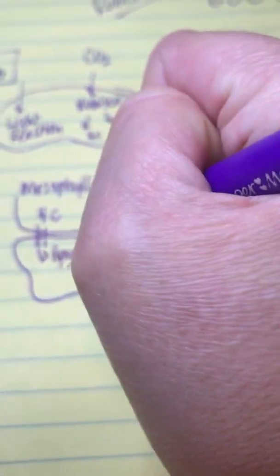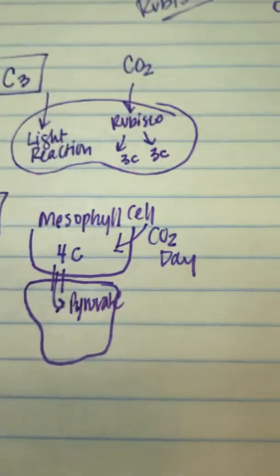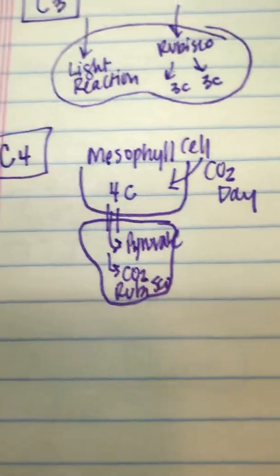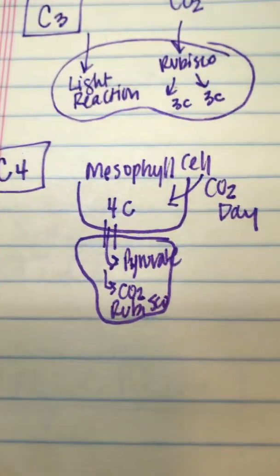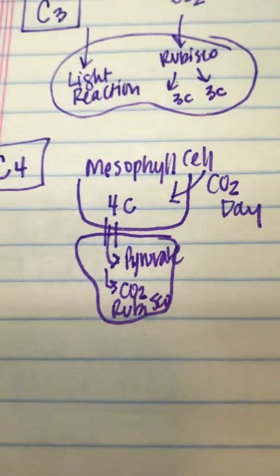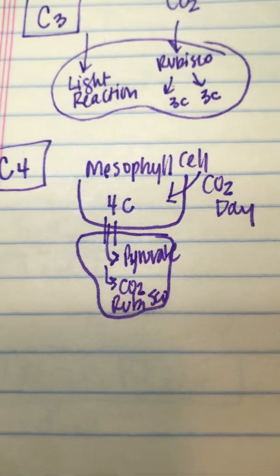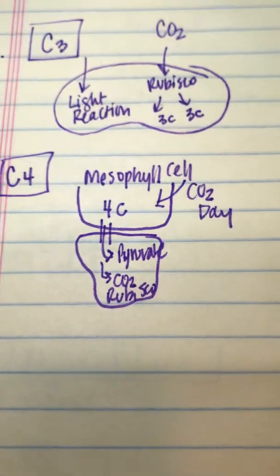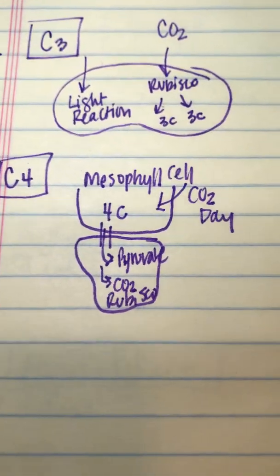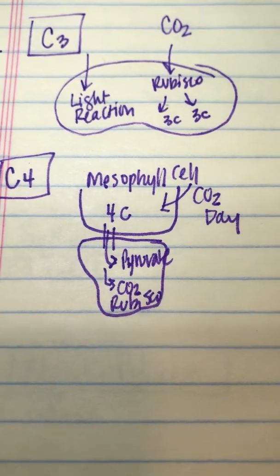And then it can actually process it through pyruvate, and get that CO2 later to Rubisco. So here we're having a 2-part process where it's converting it to this 4-carbon organic acid and then going ahead and completing the process to release CO2.